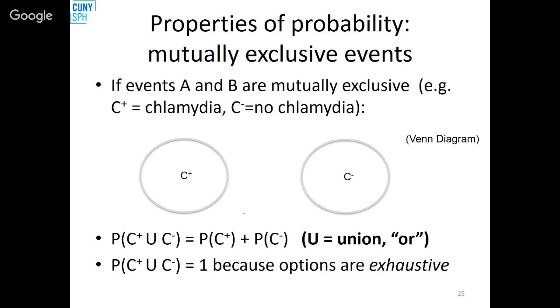And in this example, where they're exhaustive, there are only two possibilities, then the probability of that union is also 1. Meaning that the probability of having or not having the disease is 100%. There are no other possibilities. And the probability of both is 0. There's no intersection between these two events.